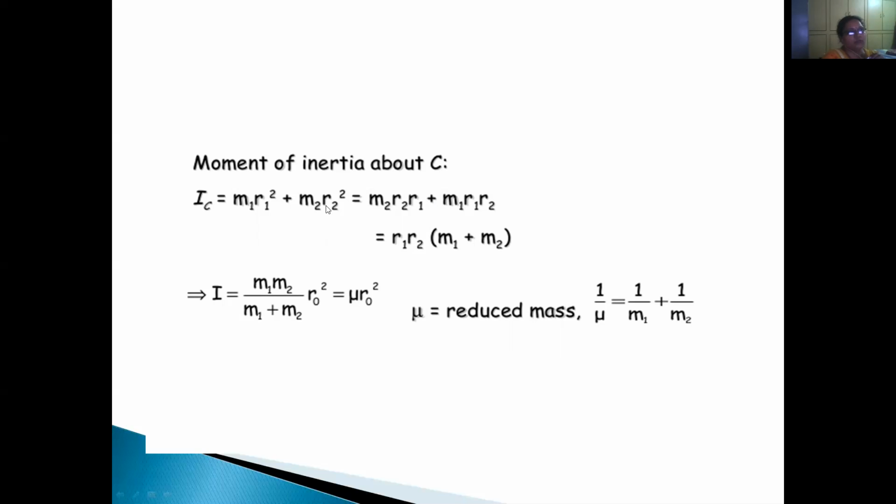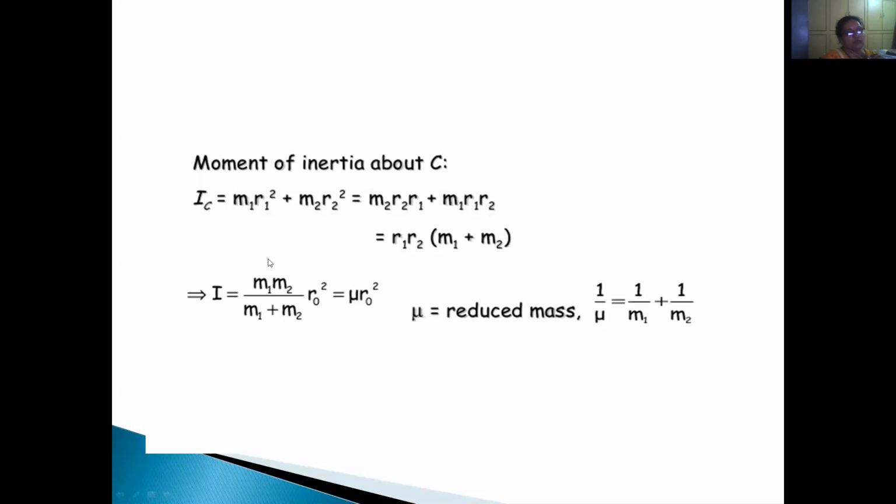Taking r1 and r2 common, that is equal to r1 r2 into m1 plus m2. So I is equal to m1 m2 by m1 plus m2 into r0 square.